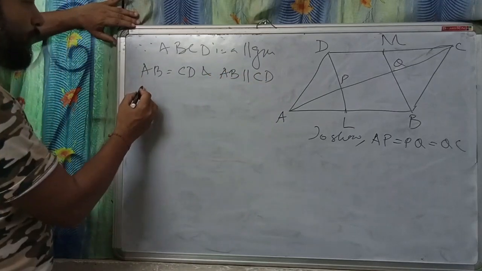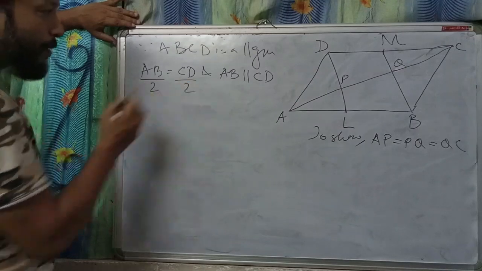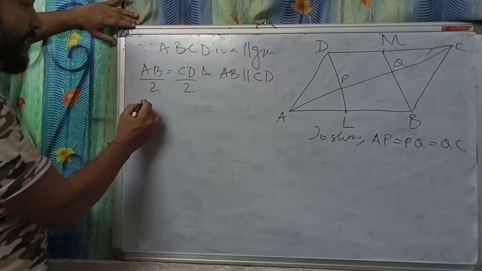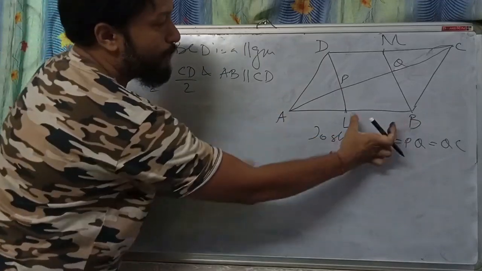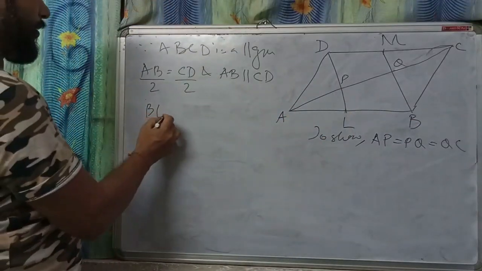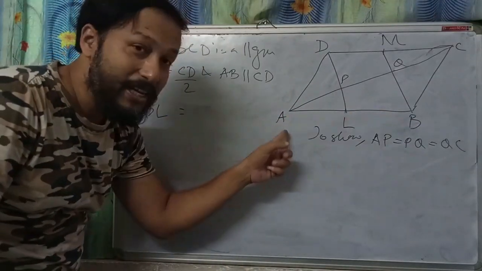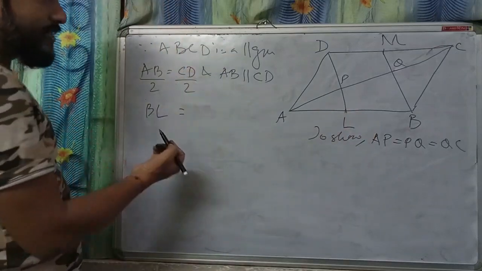Now, I am dividing AB by 2 and CD also by 2. AB by 2 is BL, because L is the midpoint of AB.